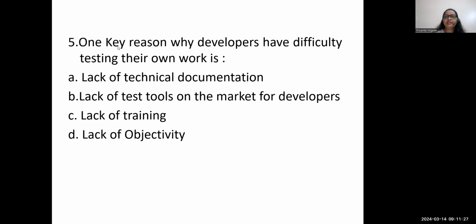Think properly. One key reason why developers have difficulty testing their own work.